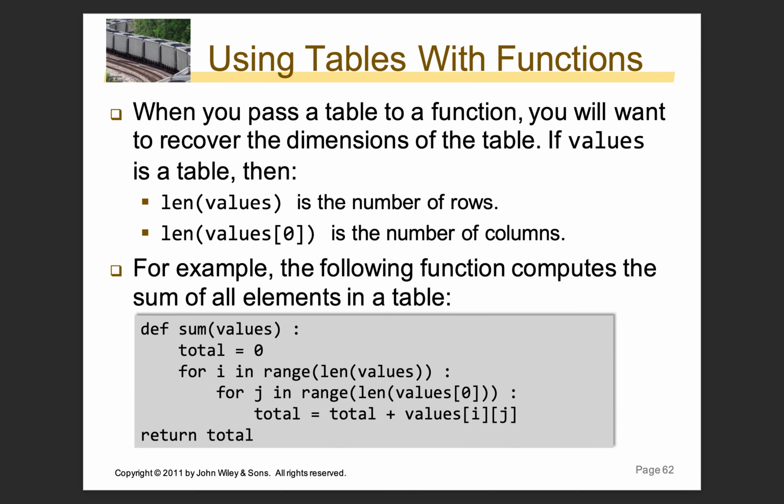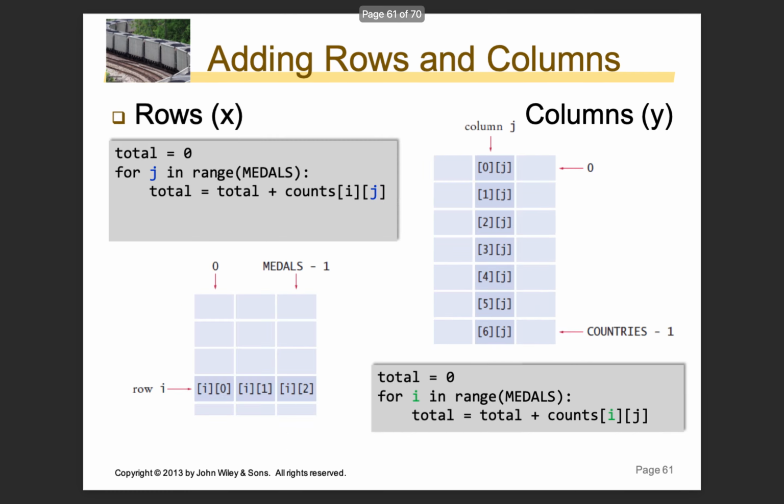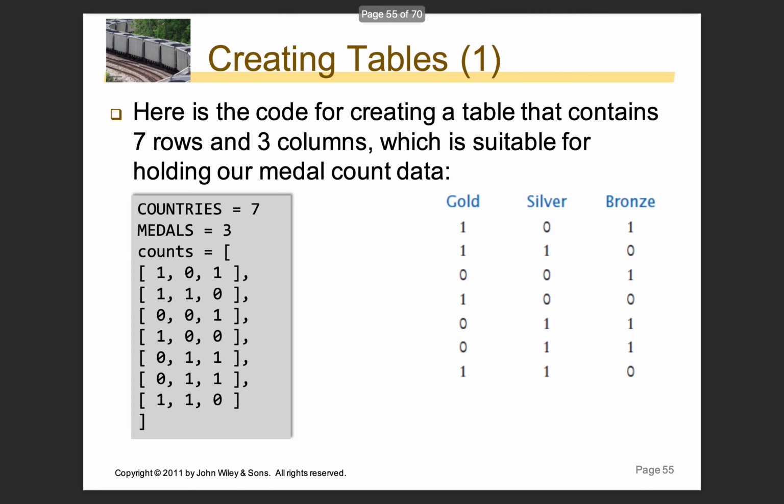Sometimes you will be passing a table to a function. When you pass a table to a function, you will want to recover the dimensions of the table. If values is our table, then len values is the number of rows. Okay, if we look at this here, len values, well, this is 1 value, 2 values, 3 values, 4, 5, 6, 7.